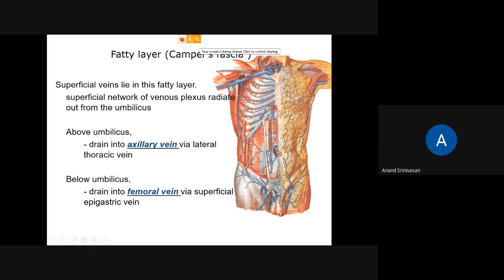Above the umbilicus they drain into the axillary vein through the lateral thoracic vein, and below the umbilicus they drain into the femoral vein through the superficial epigastric vein.